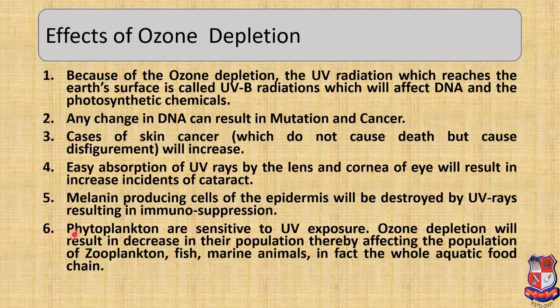Then sixth, phytoplankton are sensitive to UV exposure. Ozone depletion will result in a decrease in their population, thereby affecting the population of zooplankton, fish, marine animals, in fact the whole aquatic food chain.